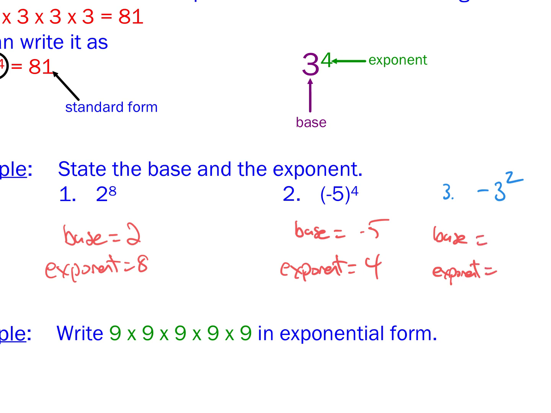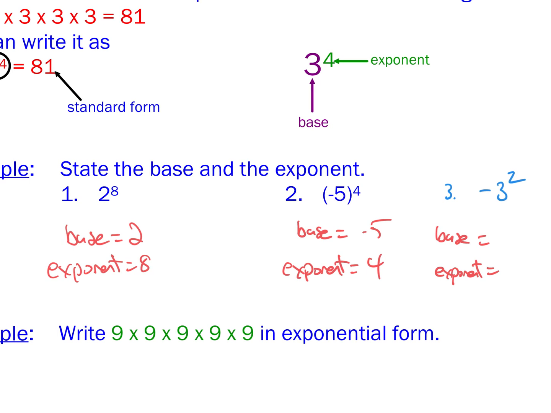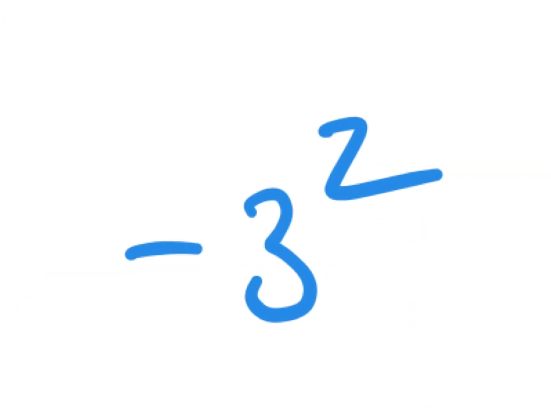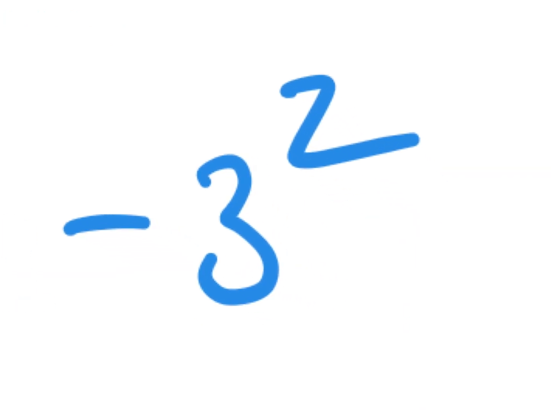What's the base? This is a tricky one. The base is just 3. This is not meant to be super obvious. So let me focus in on this. No brackets? There's no brackets. If we saw brackets around the -3, then the base would be -3.